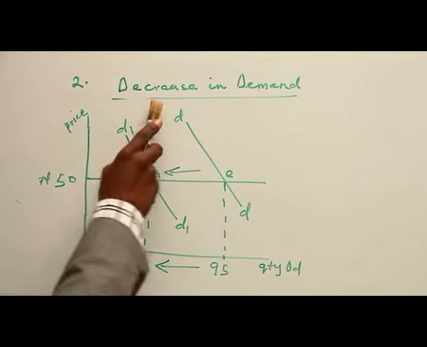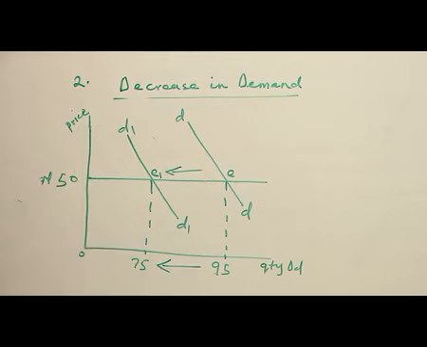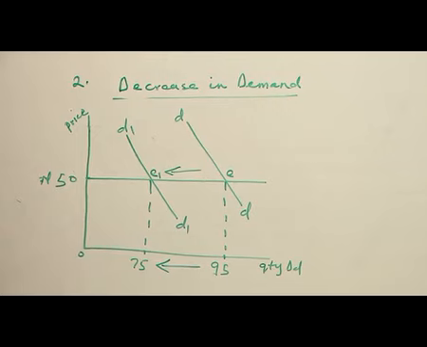Number 2, decrease in demand. Decrease in demand implies that there is a constant price, but a fall in demand as a result of factors like income of the consumer being decreased, population size being reduced, no effective advertisement, and fashion and taste can reduce.